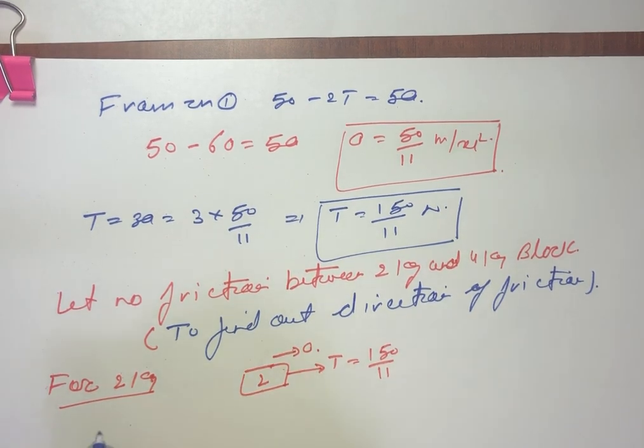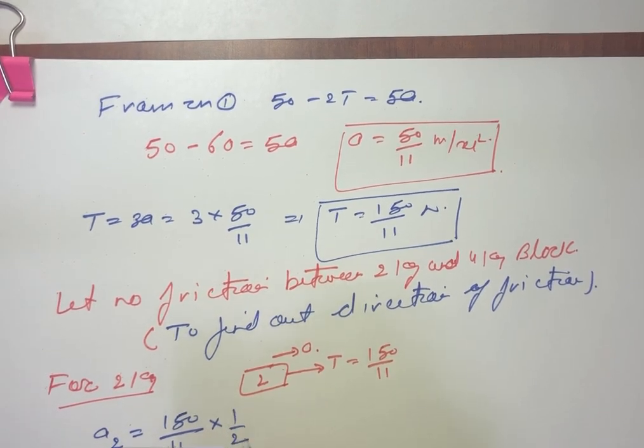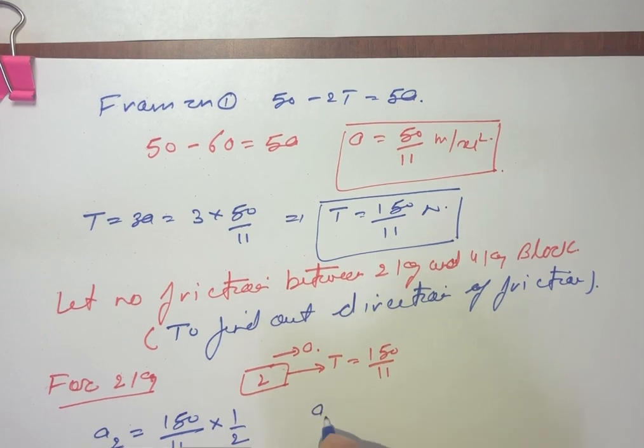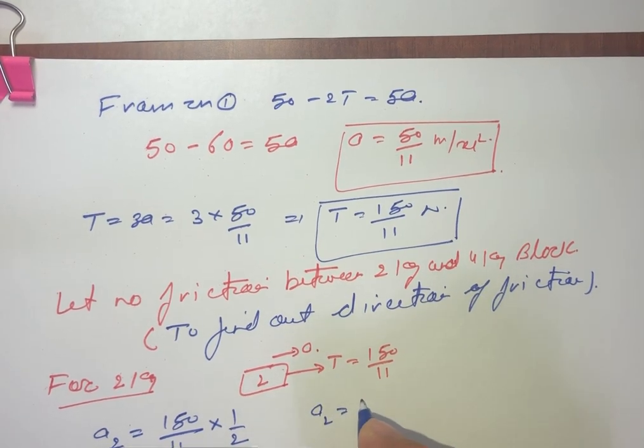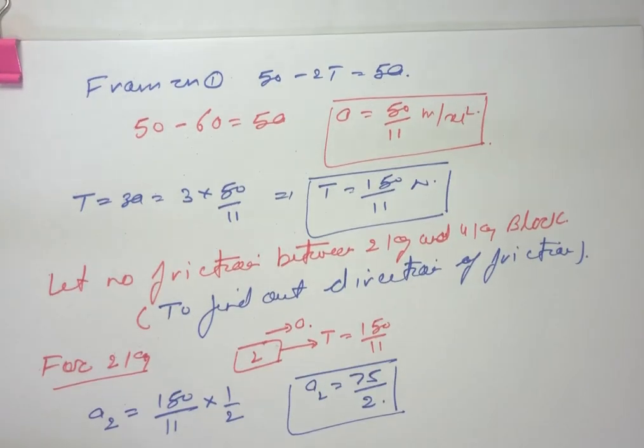We can say that A2 will be equal to 150 divided by 11 into half, so A2 is equal to 75 divided by 11.